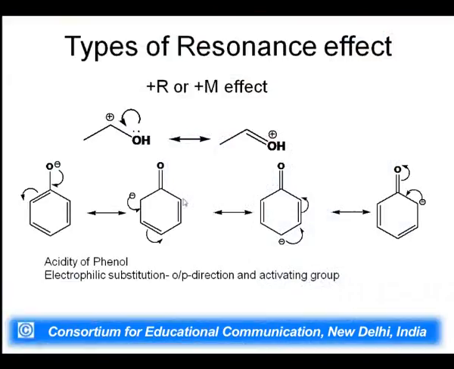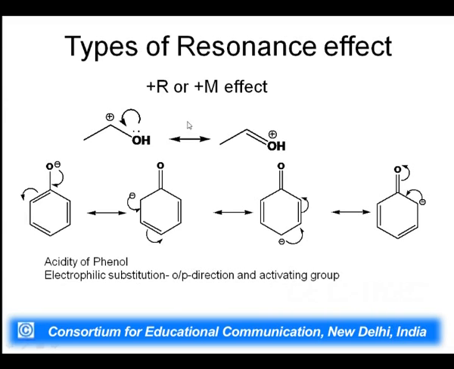potassium phenoxide, and that carbene attacks on the ortho position of phenol. So, why is it at the ortho position, or maybe in another reaction a minor product at the para position? Ortho and para direction means that the electrophile, which we will discuss in another session, what are electrophiles and nucleophiles, those positively charged species attack only at ortho and para positions.